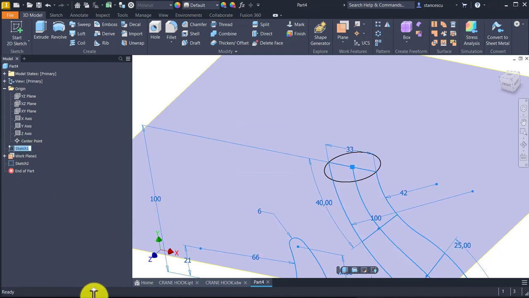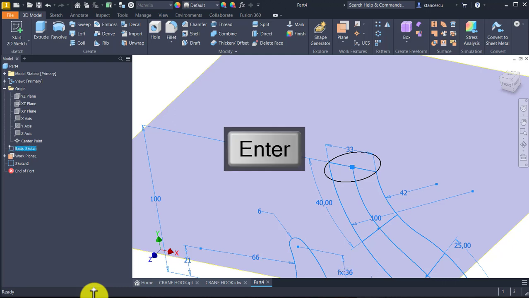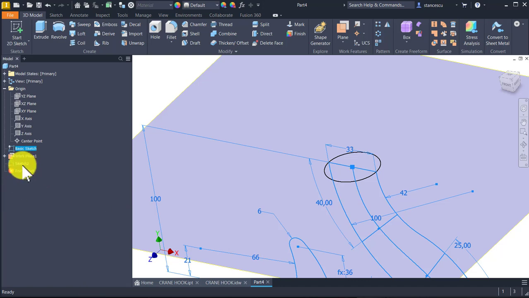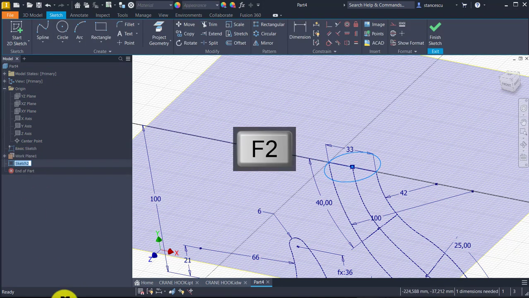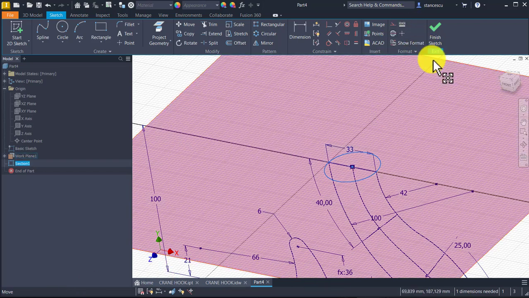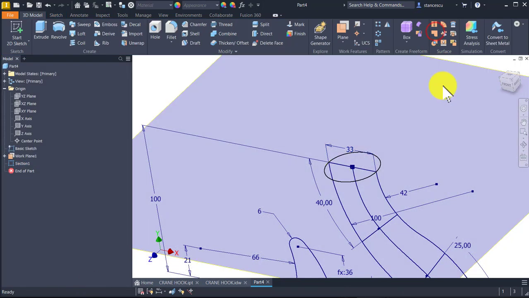F2 is to open the text line. Basic sketch. And this is, F2, section 1. Yes. Finish sketch.